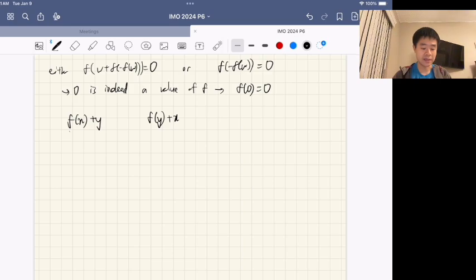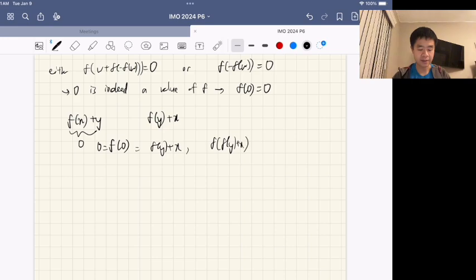So let's say this is 0, then you either have f(0), meaning 0 equals f(y) plus x, or f(f(y) plus x) equals 0. But we know that f of non-zero equals non-zero, so this has to be 0 either. So f(y) plus x equals 0 here.